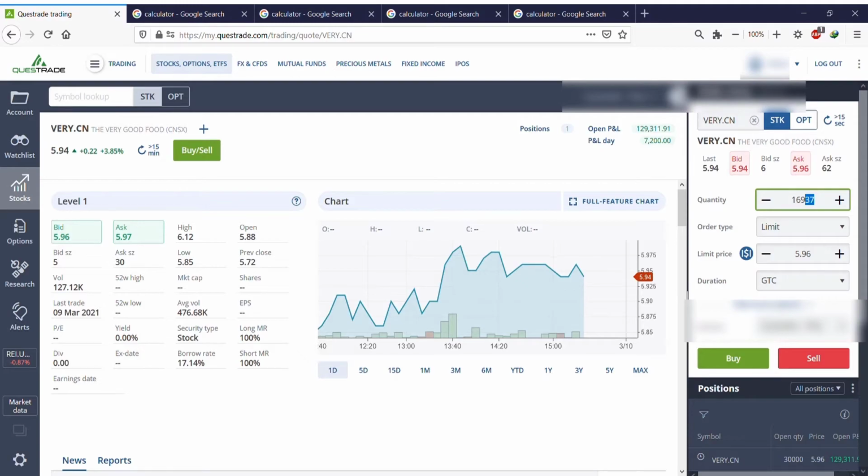I'm going to omit them and put 2 zeros instead. So now this is a good order. So now it's 16,900. You can always take the last two digits and put zeros instead, just to make sure that it is, if it is already 2 zeros or more, then that's fine. So right now it shows that we can buy 16,900 shares.